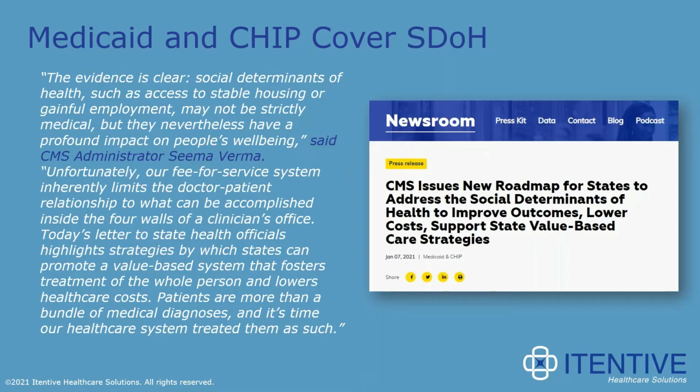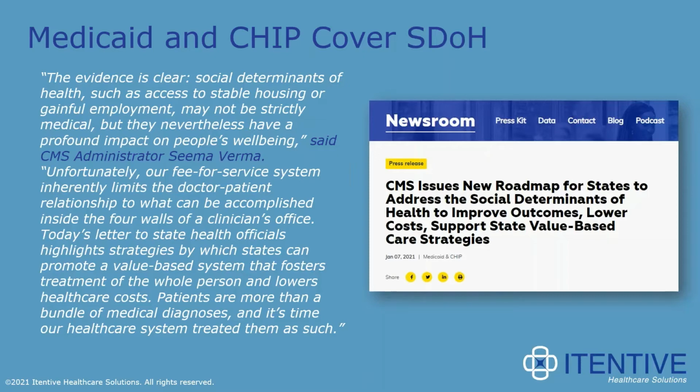The announcement stated, with the release of today's SDoH guidance, CMS acknowledges that an understanding of the social, economic, and environmental factors that affect the health outcomes of Medicaid and CHIP populations can be an integral component of states' efforts to realign incentives, reduce costs, and advance value-based care in health systems.